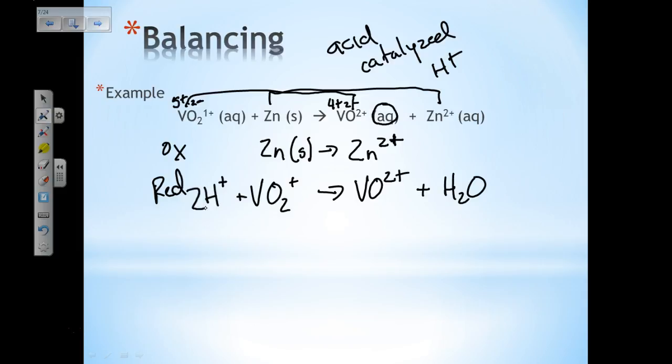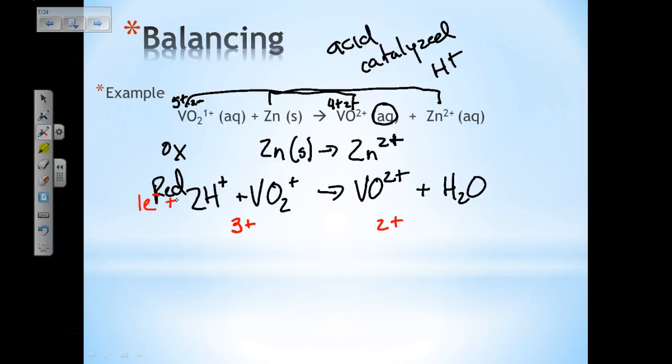That's the mechanics of the balancing using water. Now the rest is going to be similar to what it looks like when we have uncatalyzed reactions. We want to do a charge balance. Here is 2 plus and a plus, so this side is 3 plus and this side is only 2 plus. That means that this side needs 1 electron.